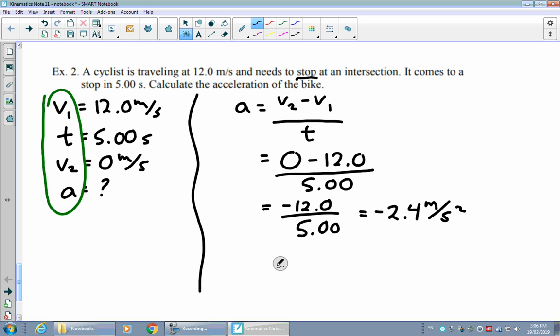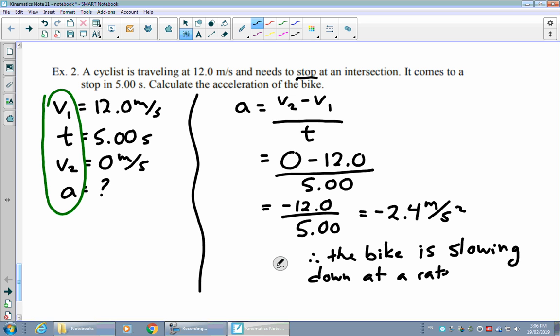So here's how I'm going to write it. I'm going to say, therefore, the bike is slowing down at a rate of 2.4 meters per second squared.